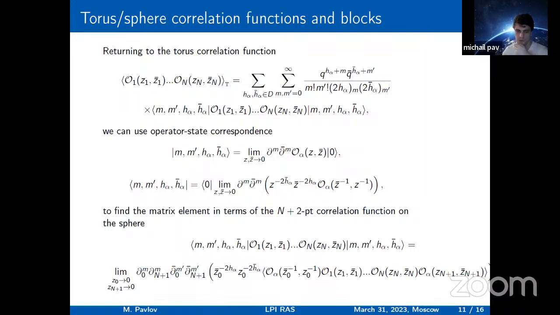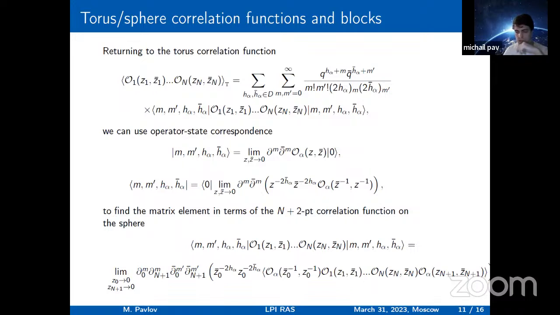We know the torus can be obtained by compactification of the complex plane, and here we want this n+2 correlation function to live on the sphere.